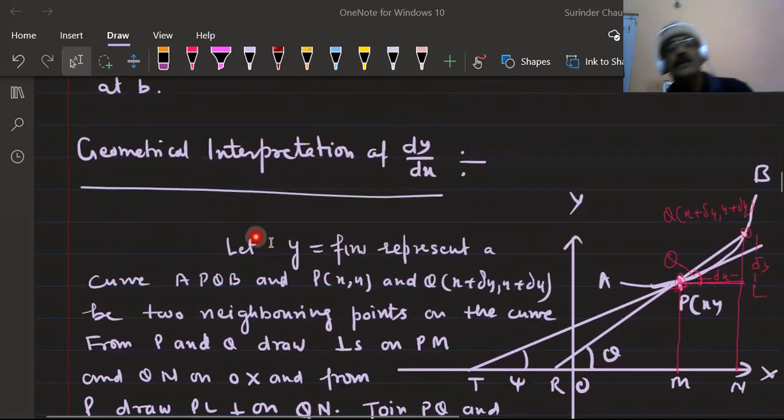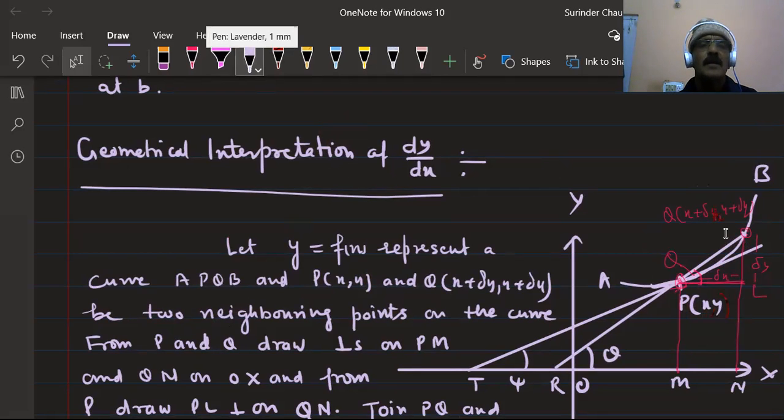For that, let's consider a function y equals f(x) whose curve is shown, and P and Q are two neighboring points whose coordinates are: P with (x, y), and Q with (x plus delta x, y plus delta y).